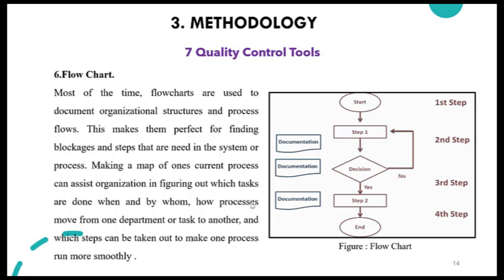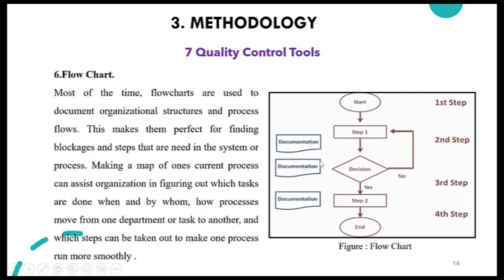Making a map of the current process can assist the organization in figuring out which tasks are done when and by whom, how the process moves from one department to another, and which steps can be taken out to make the process run more smoothly. As you can see, in the flowchart example here, everything is explained step by step about their work.